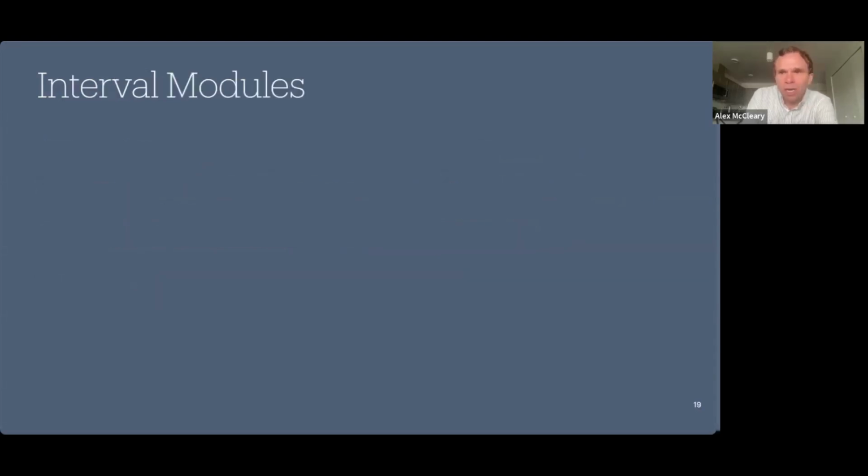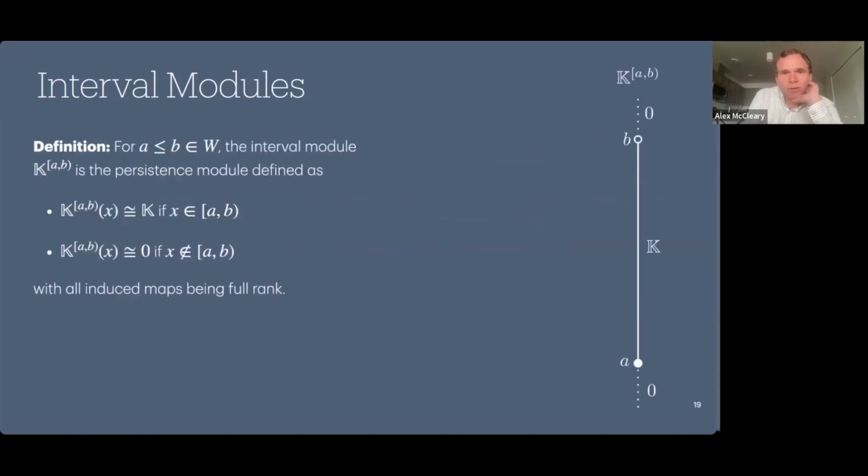Okay, so now we want to get to the algebraic decomposition theorem and show that that holds. To do that, we'll first talk about interval modules. This might be old news to some of you, but I'd like to go through it anyway, at least quickly.